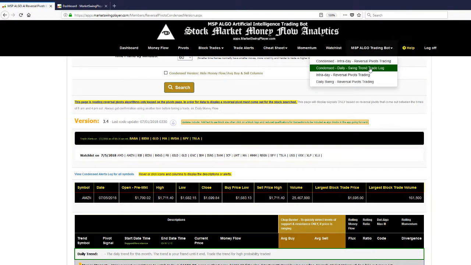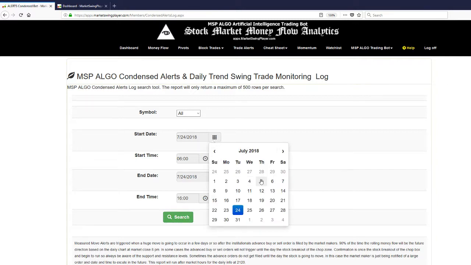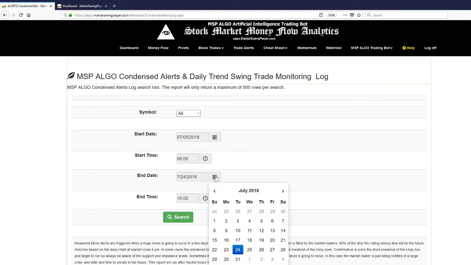This is the condensed daily swing trend trade long. MSP ALGO condensed alerts and daily trend swing trade monitoring log.